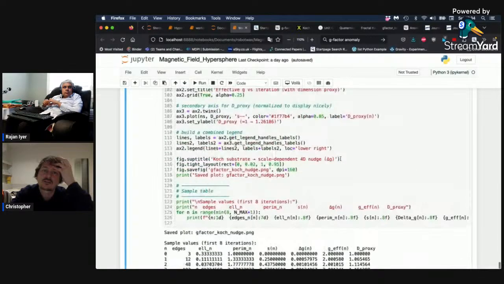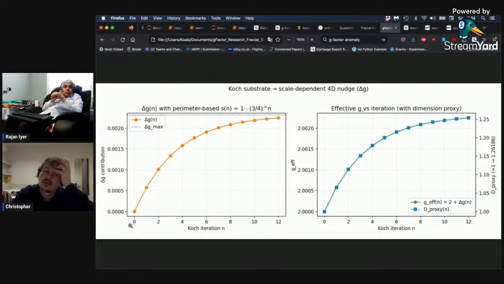This then will give us a graph which shows the difference of G increasing, and it's kind of an asymptotic curve as the value N increases. Even as we get up to 12, it's nearly at the line that we're looking for.